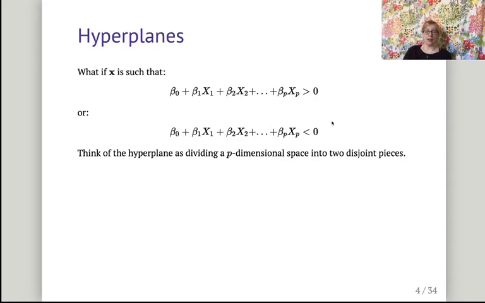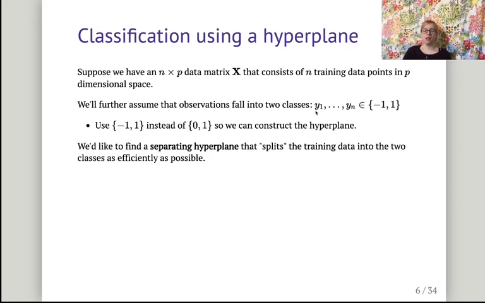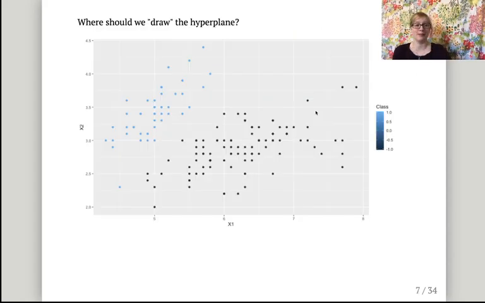We'll put the cut point for the hyperplane at 0, so we need to define our classes as being beyond that 0 range. We're going to try to find what's called a separating hyperplane. If we can, we'd like to find a hyperplane that splits the training data into these two classes as efficiently as possible, meaning there's going to be no misclassification. We're going to have a straight split.